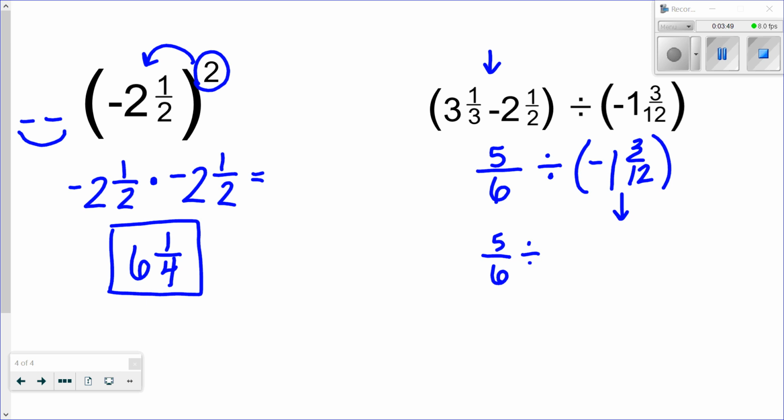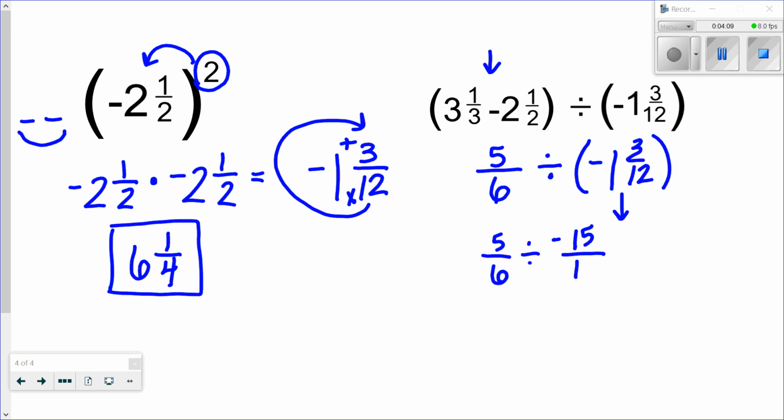5/6 divided by, now if I do the work on the side, remember you always multiply first and then add. 12 times 1 is 12, plus 3 is 15. So -1 3/12 is equivalent to -15/12.